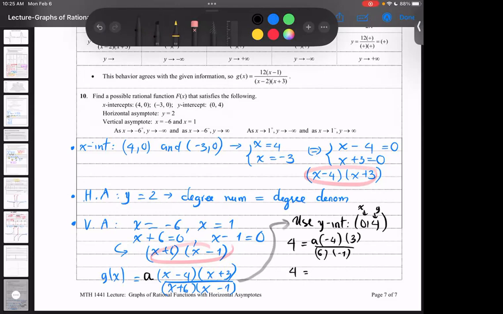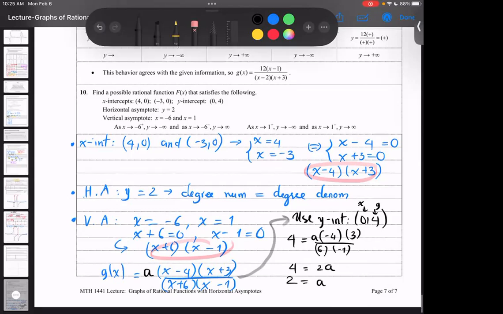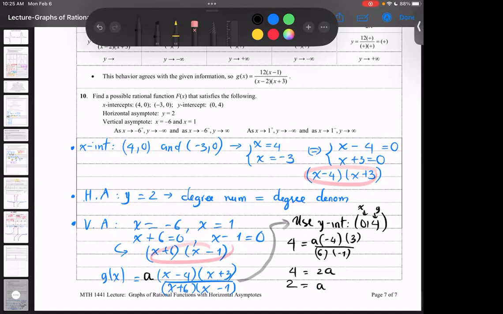So 4 equals a times -12 divided by -6, which is +2, right? So 2a, a equals 2. And I don't have any place left. So my final answer is g of x equal to, leave it in factored form. You don't have to expand it.